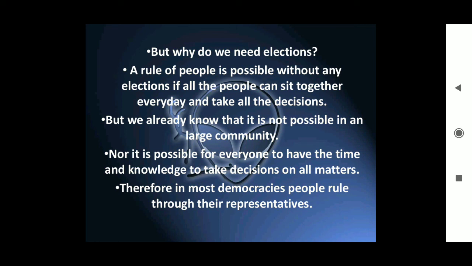Matters of policy require huge knowledge, and all the people may not have that much knowledge. They may not be in a position to take appropriate decisions on all the matters, so they give this importance to the chosen representatives who, on behalf of the people, take all the decisions on policy matters. Therefore, in most democracies, people rule through their representatives.